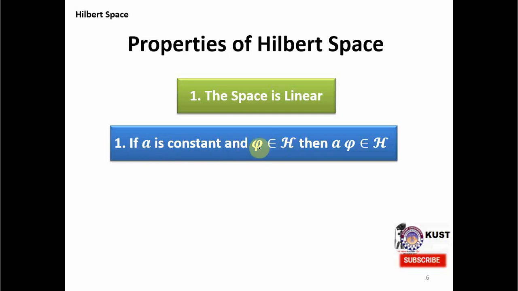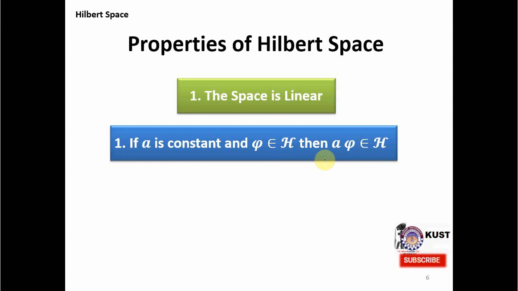And if this changed function also exists in H, for example a phi is also a member of H, then we say that the first condition is satisfied. So if you multiply any function of a Hilbert space with any constant, and the resulting thing is also an element of H, we say that the first condition of linearity is satisfied.